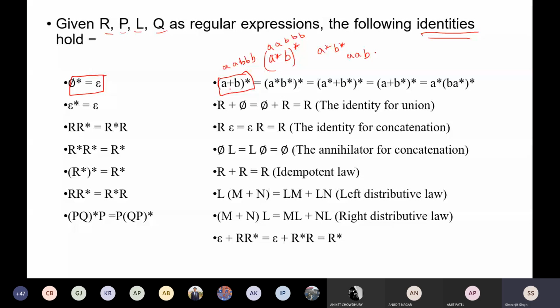But if I put a star on the whole, now the whole expression becomes different. If I raise this to the power of 2, it means that b can also come. So I can write it for b as b* a* and b*.